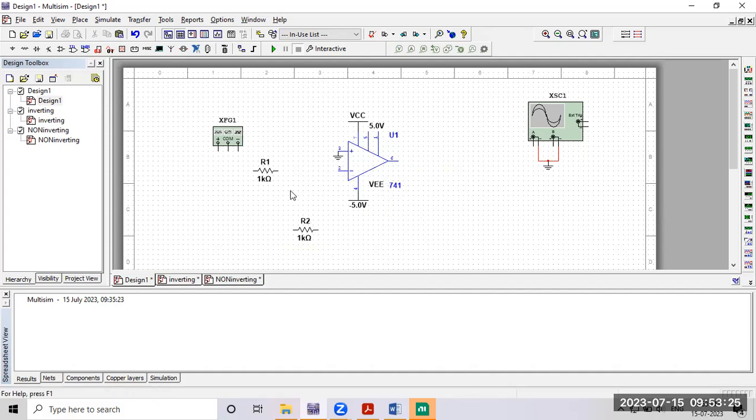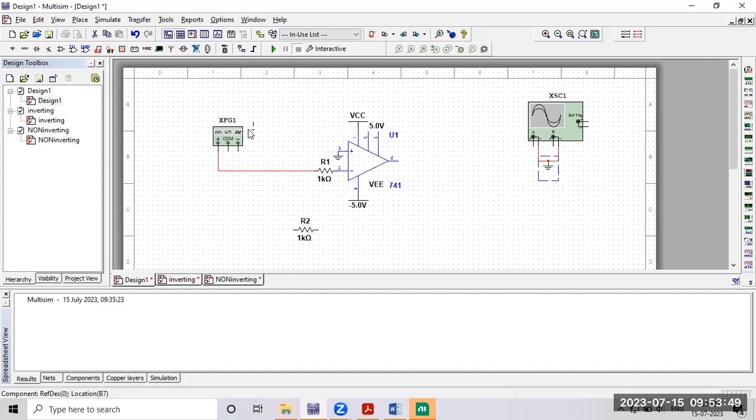Next, this resistor goes to the inverting terminal, and I'm going to connect it to the positive of the signal generator because it's the inverting amplifier. That's why I'm connecting it to the inverting minus pin 2. Then the ground is required for the signal generator.